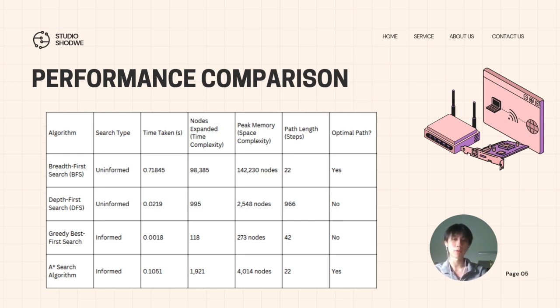So the path length found for the A-star search algorithm is 22, which is the optimal path for the problem.